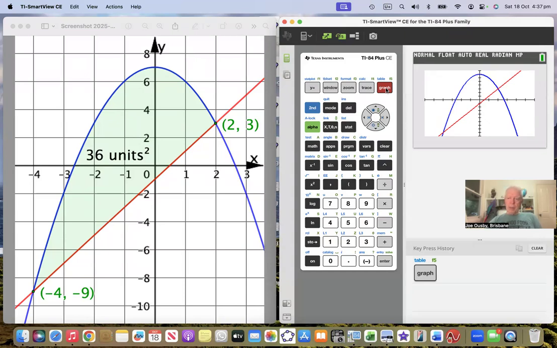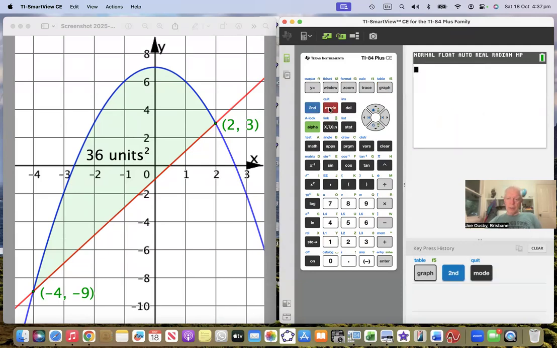I wanted to step out of this and go to the main screen and do as the teacher said, and that is to find the area between the two curves. We essentially integrate from -4, which is the lower intercept, to 2, which is the upper intercept.